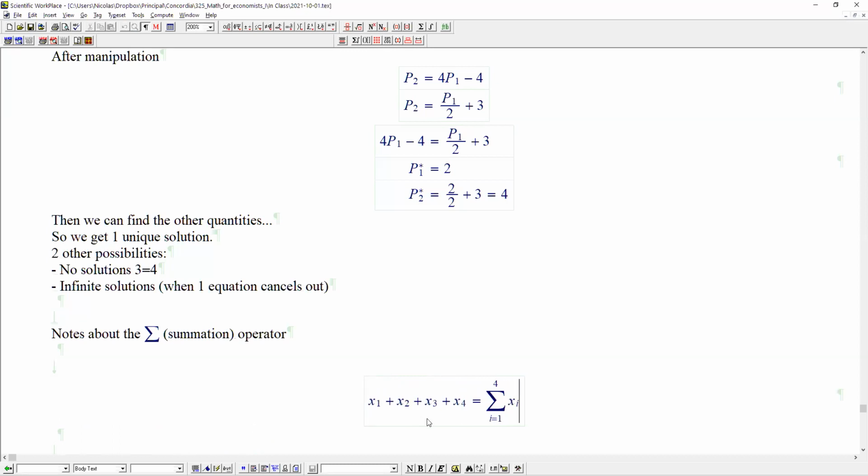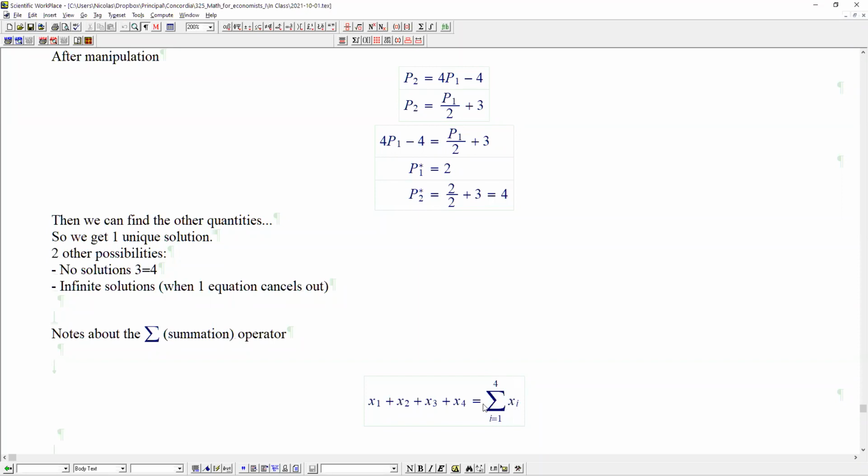Here we say we have some iterator i, which is going to have all values, so natural numbers, or it could be any integer actually, which start at the first one here, 1, and end at 4, and we substitute 1 to 4 here.